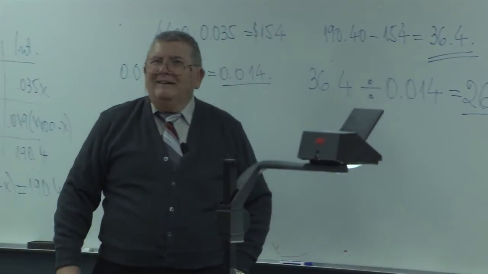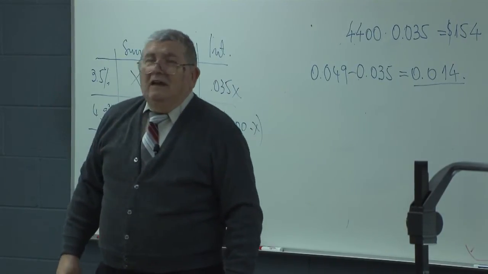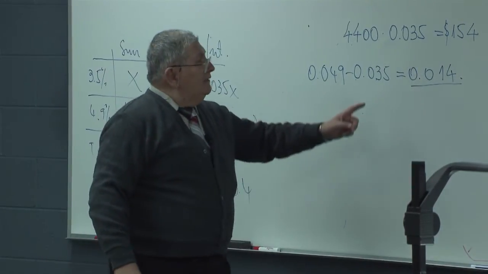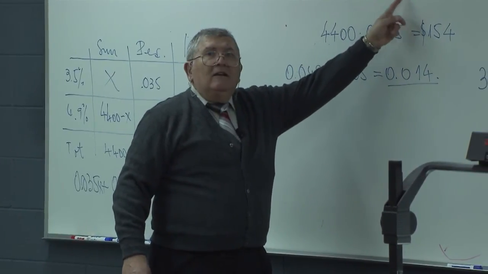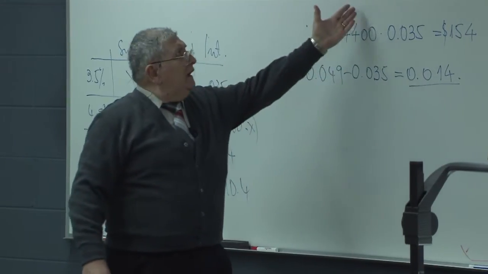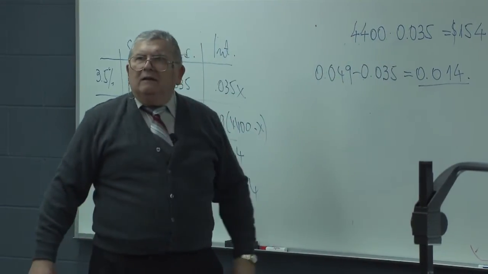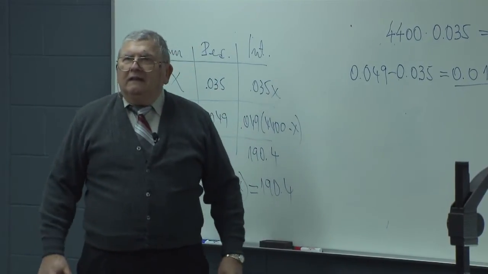So she had $2,600 in the 4.9 account, and for this account it remained whatever, 1,800. Yes. Here it is.